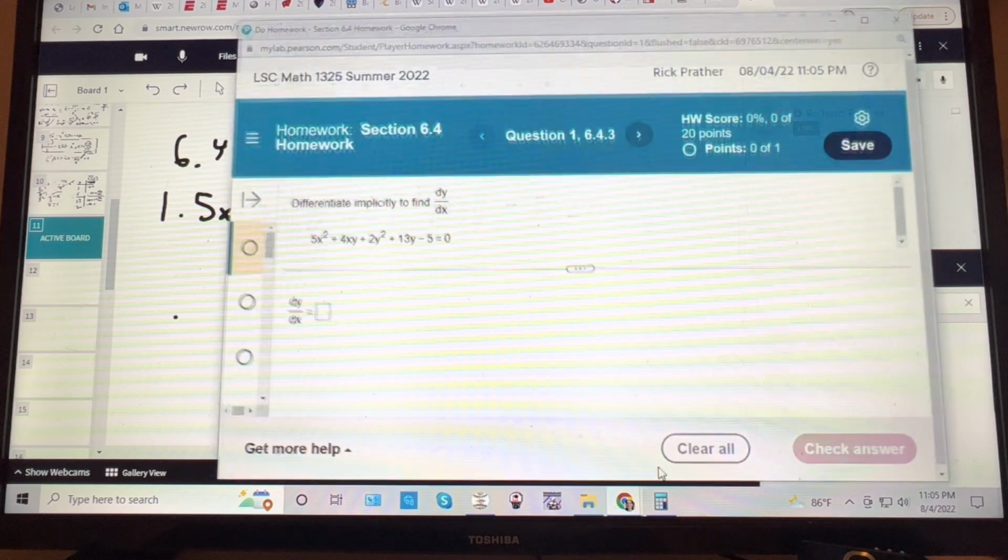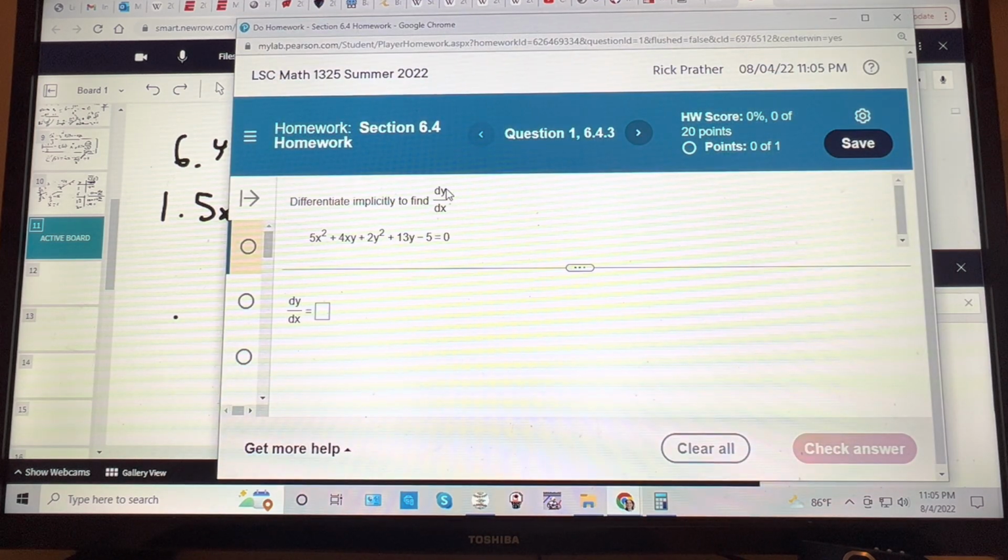And the directions say find dy over dx. So that's the derivative of y with respect to x, so that means x is the variable of interest. But I do have some y's in here too.